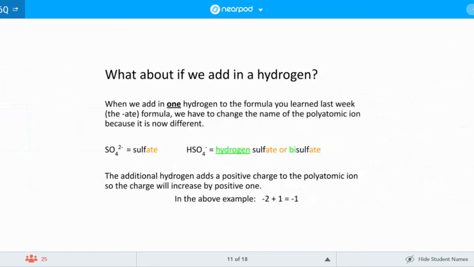We've got -2, which was the charge of the original poly, plus 1, because we're adding in a positive charge when we add hydrogen, to give us a new charge of -1. So that is why the charge on that bisulfate ion increases by +1.